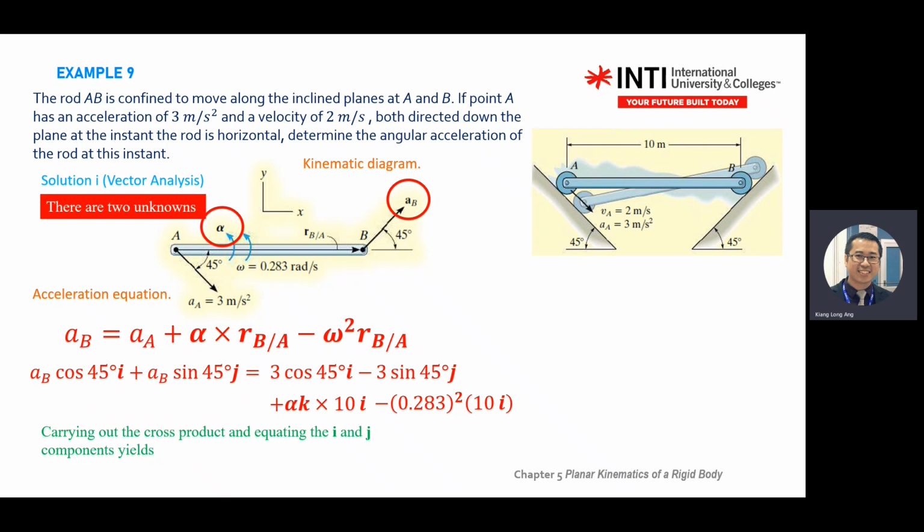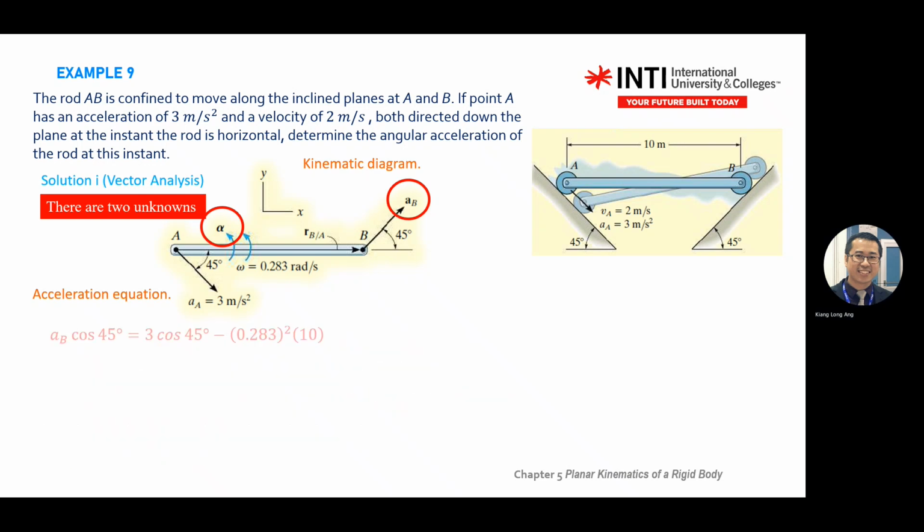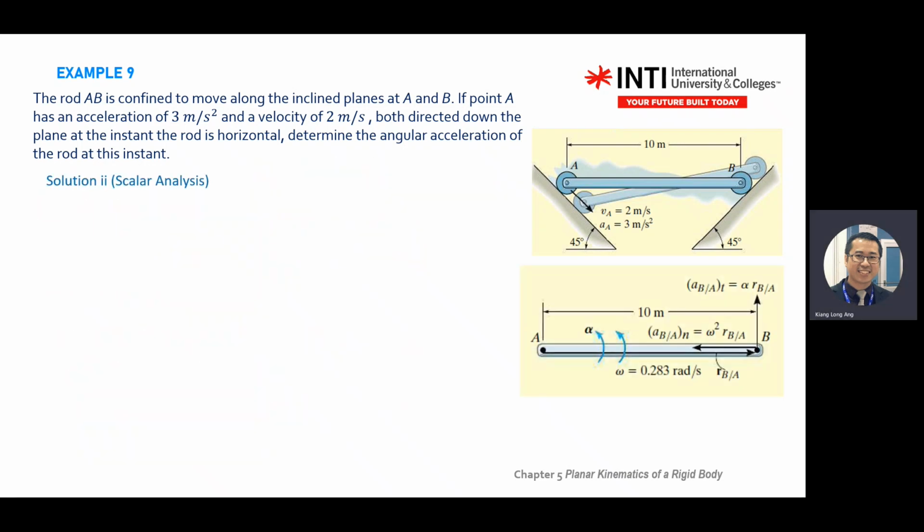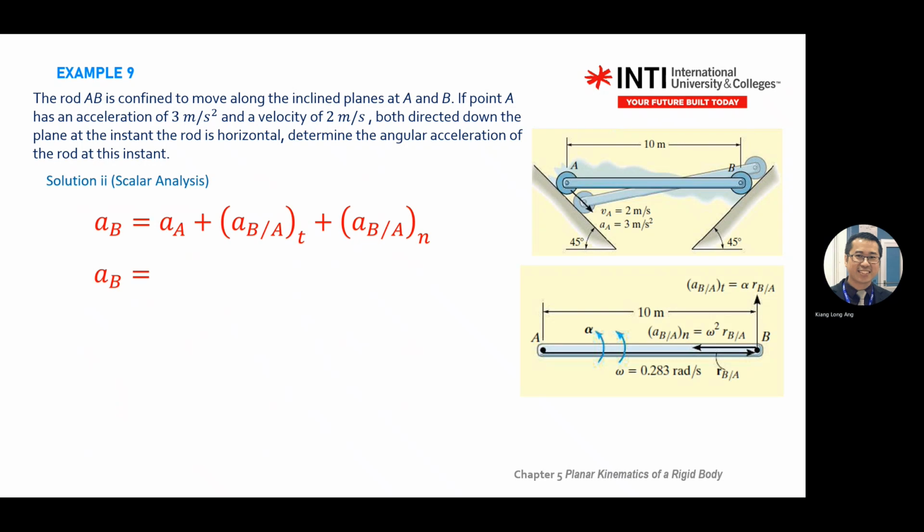So if you forget how to do the cross product of i, j, go back and see the appendix. Right? So there's an angle, to always give the direction. So scalar, same equation: a_B equals a_A plus this one, a_B/A. Split a_B/A into tangent and normal direction. So a_B goes up along the slide, along the surface, 45.